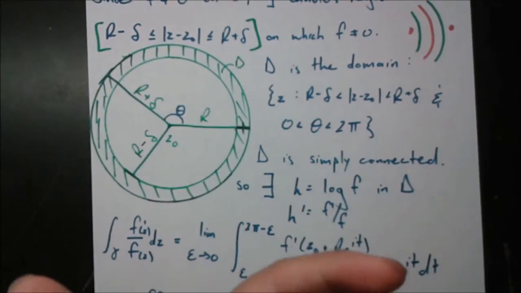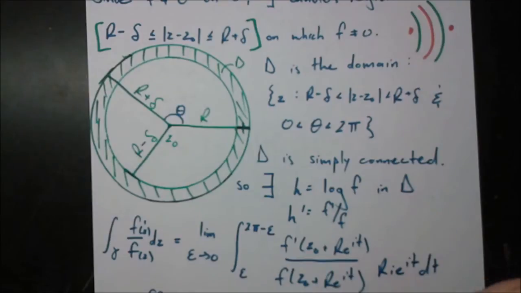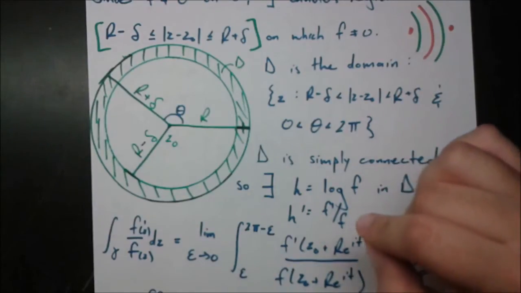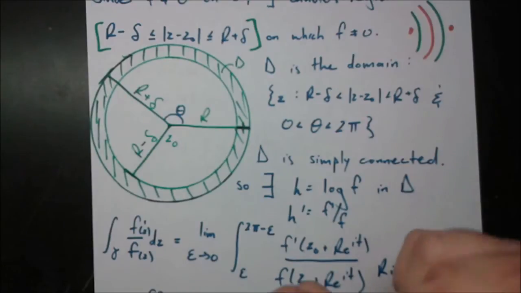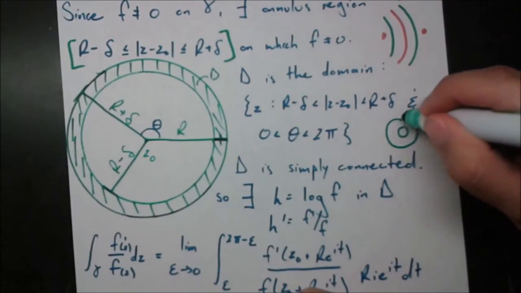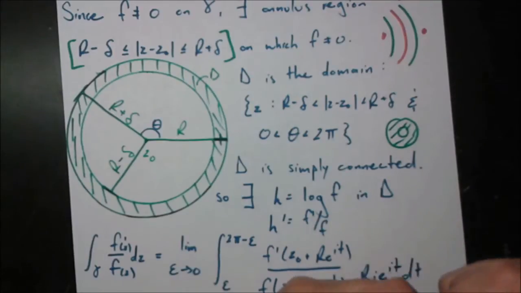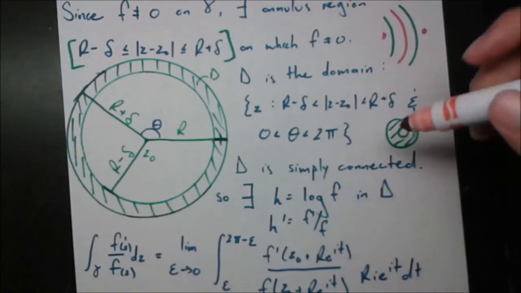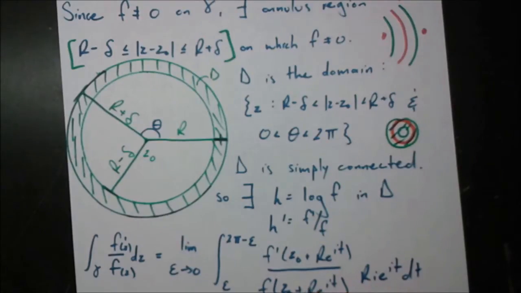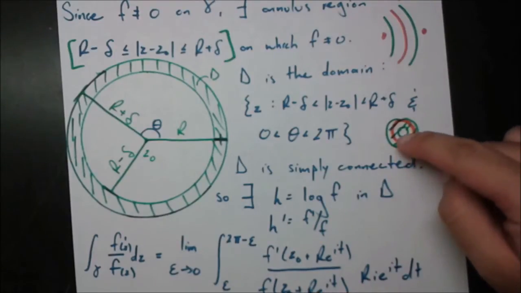Do you remember what simply connected meant? Simply connected meant that if we draw a closed curve that's fully inside our domain, then the inside of that curve also lies in that domain. Now, we said before the problem with annular domains, pretend this was an annular domain right here, the problem was that we can easily defy this condition by just drawing a closed curve that circles that inside, because now inside that curve is something that's not inside the domain.